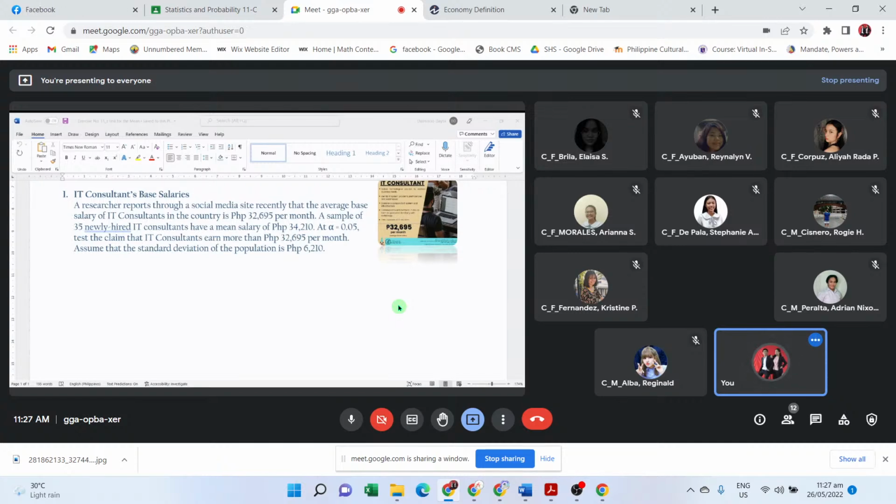To remind you, para matapos ninyo lahat ng activities, section 11C. This is also true for all sections. More lessons in the fourth quarter in statistics so that you may have time to complete all the other activities.